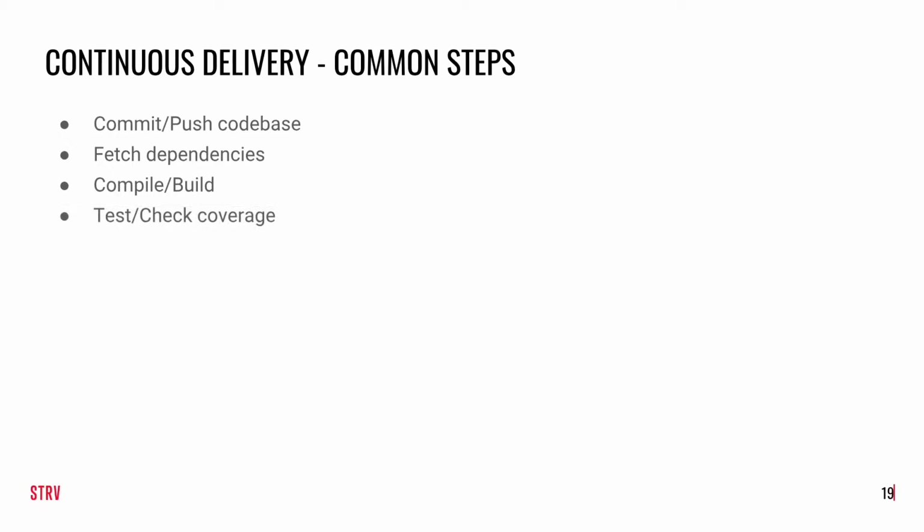And after that, once you compile and your build is ready, you need to test and check the coverage. Test is already something that we have. And the coverage is basically that our tests cover most of the code that we have. After that, we need to package the application.